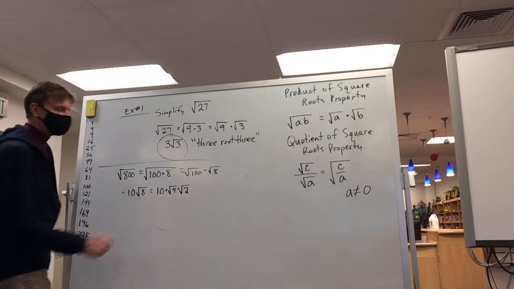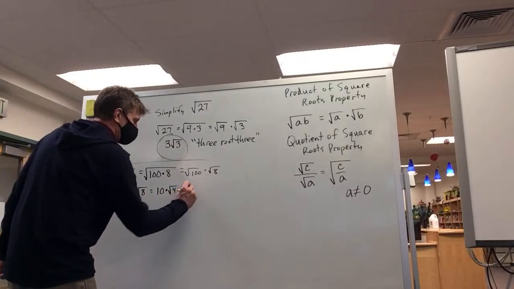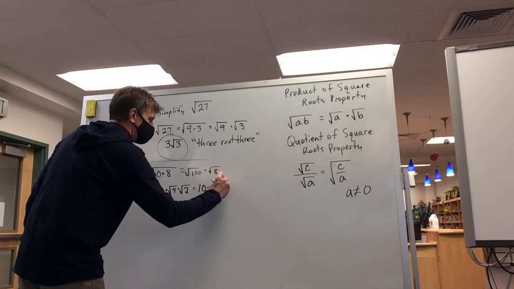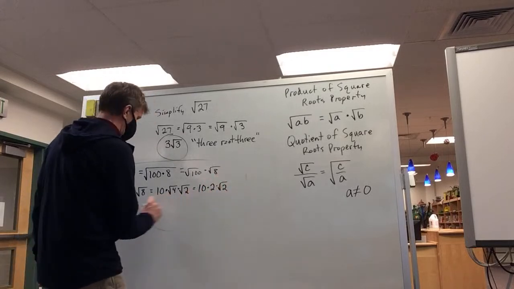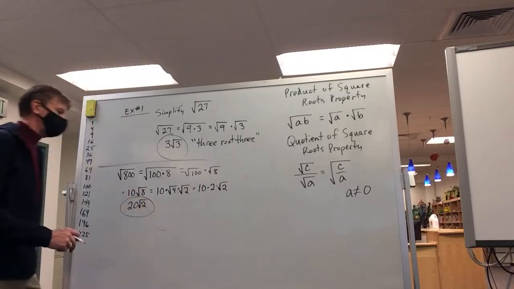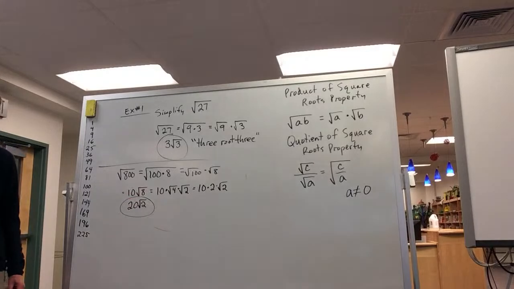And the square root of 4 is how much? 2. So this becomes 10 times 2 times the square root of 2, which is 20 root 2. And then you're done. That's simplifying square roots.